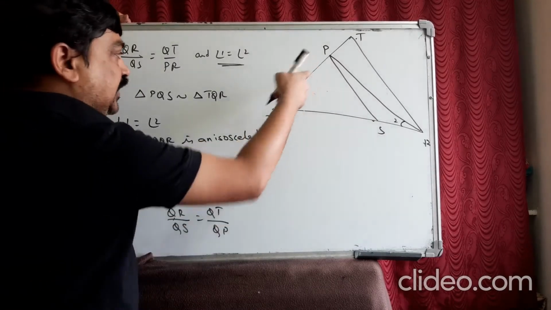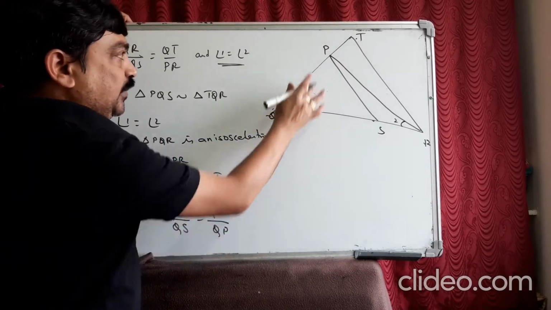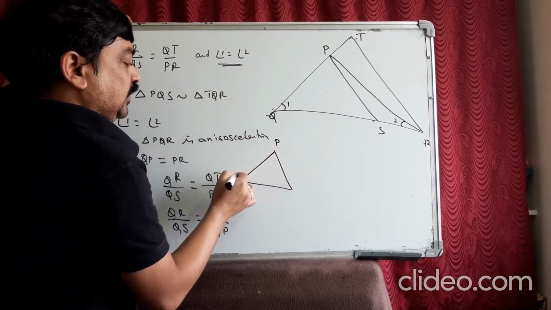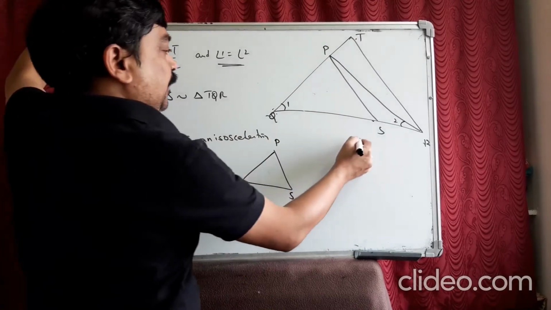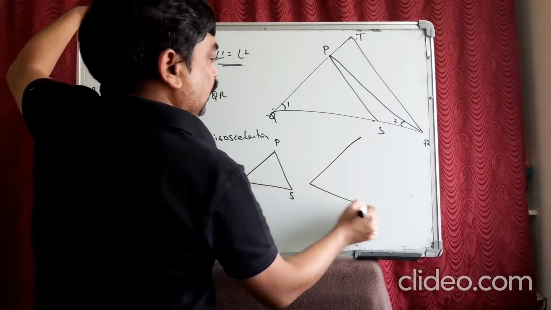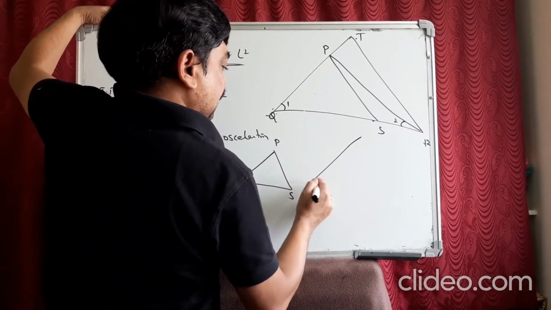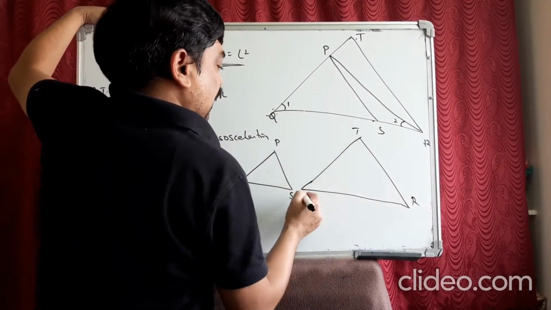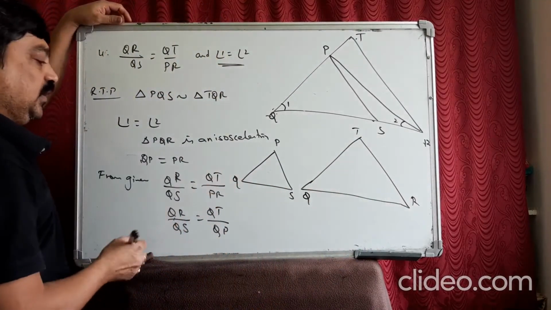Now you take the triangles separately, PQS and TQR. I'm drawing this separately. Now what is happening here?